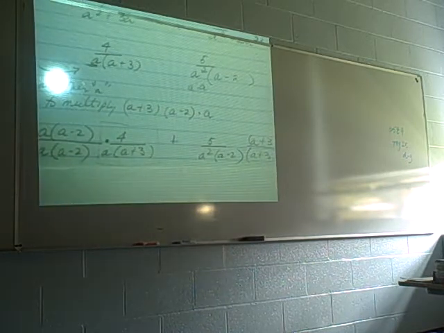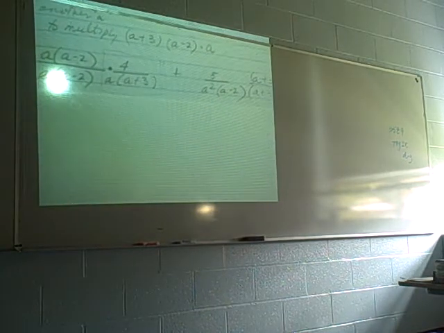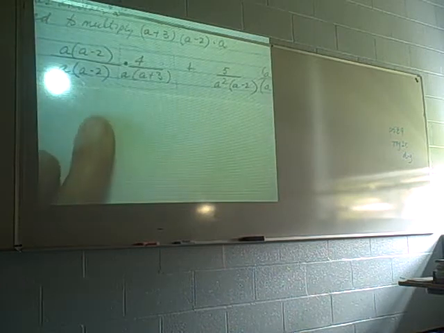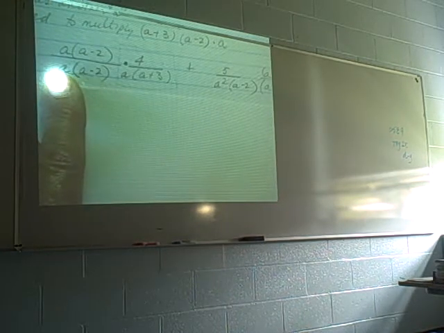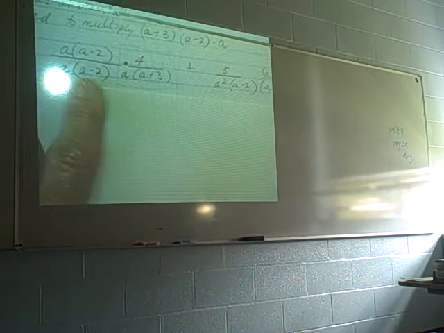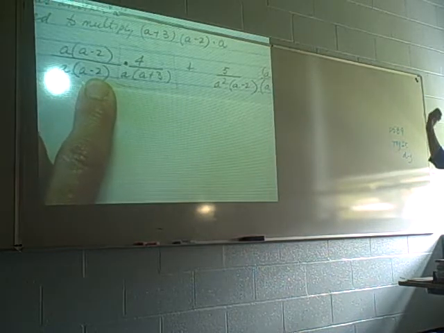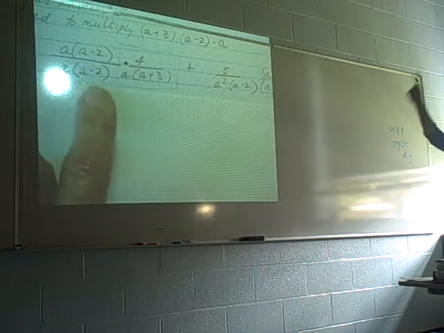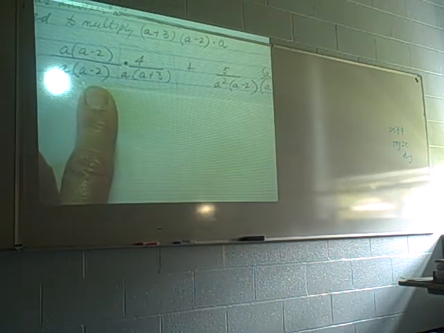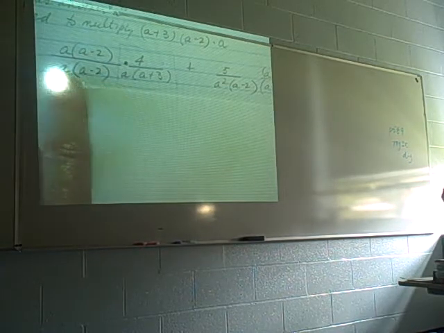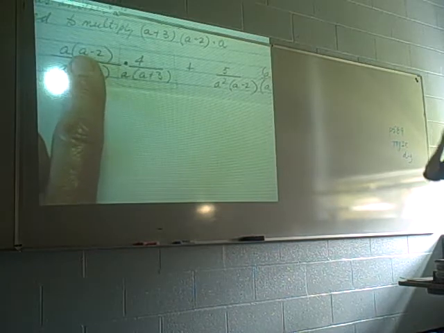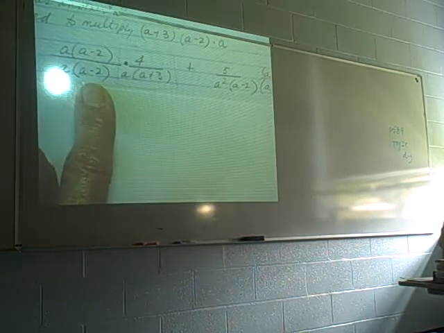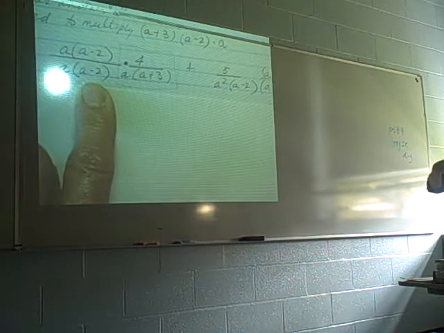So I am going to multiply. This side needed another a and an a minus 2, because that side had an a minus 2. But I need to make sure that it equals 1. So if I multiply my denominator, what do I have to do to the numerator? Multiply it by the same thing.